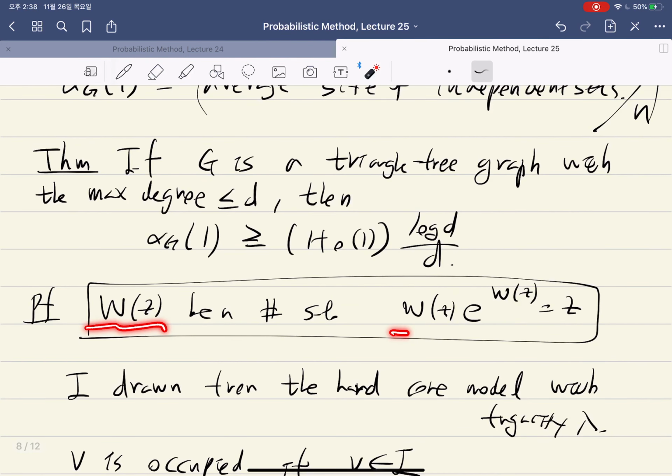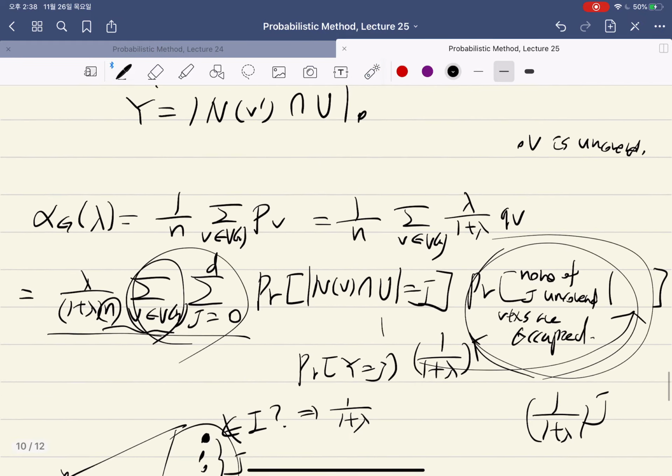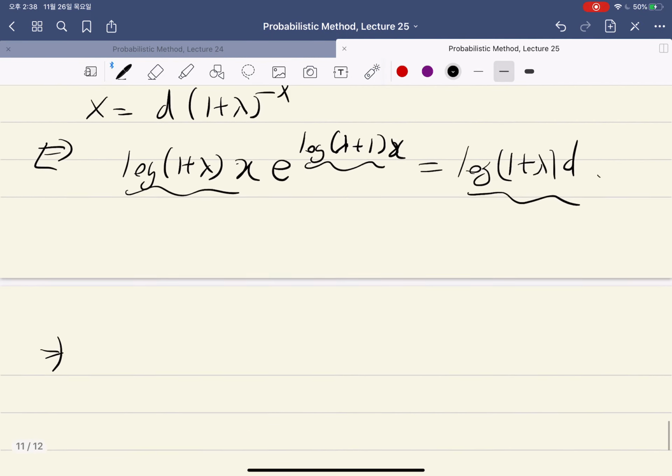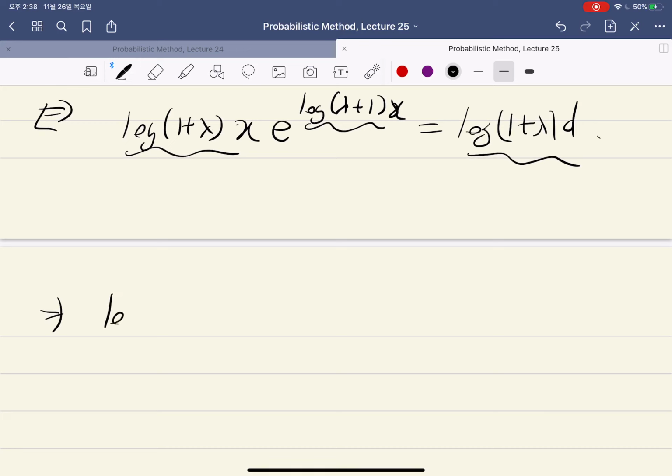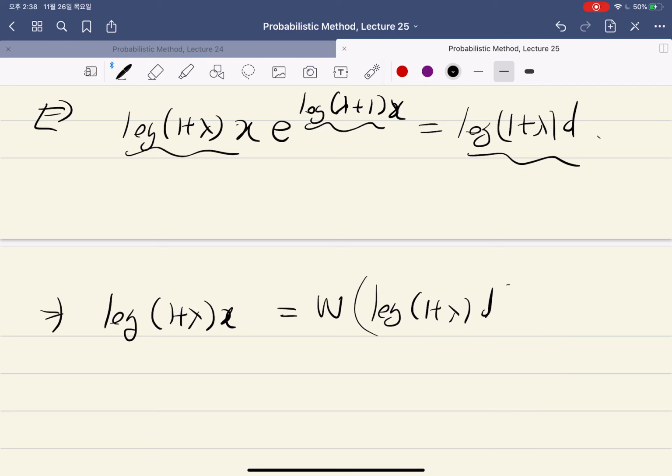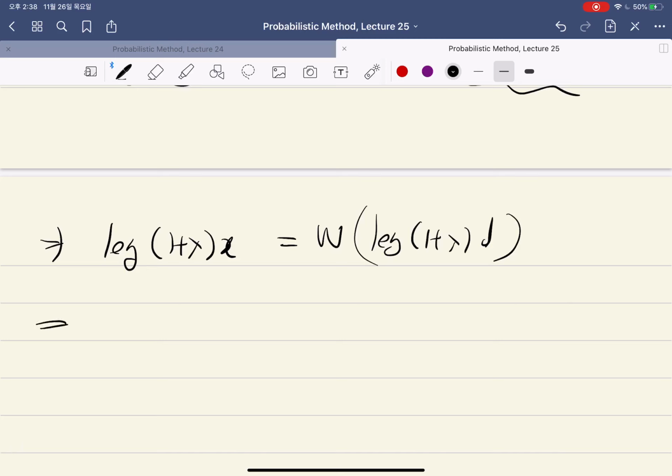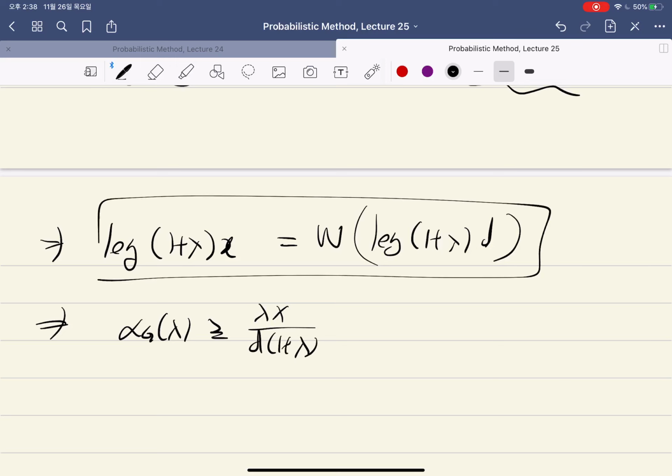W of G is the number satisfying this. Then you do some computation, and it's obvious that when this holds, with this choice, you get the x which makes this true.